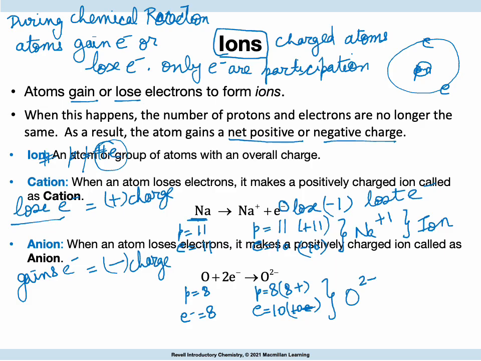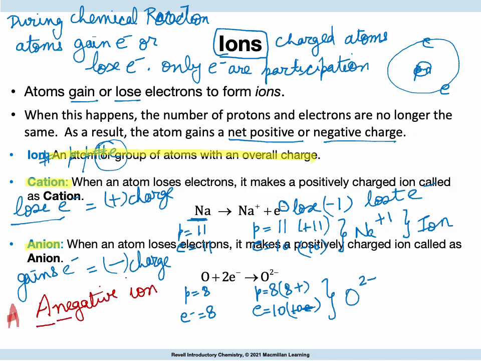Okay, which brings me to the next part. I kind of wrote on all of it, but basically ions are what? An atom or group of atoms with an overall charge. The positively charged ions are called cations, and the negatively charged ions are called anions. It's very easy to remember. Anion is a negative ion.